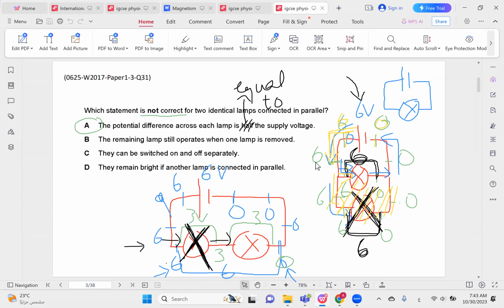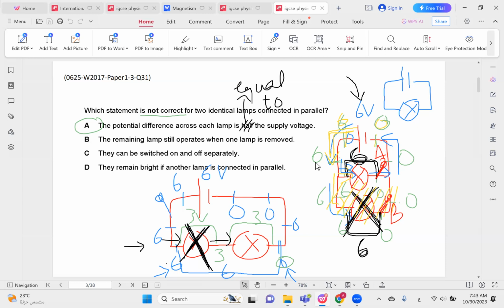However, in the parallel circuit, if I put a switch here and I call this switch A, and I put another switch here and I call it switch B, I can turn A on and off to control the upper lamp, and I can turn B on and off to control the lower lamp. So I can switch them on and off independently.